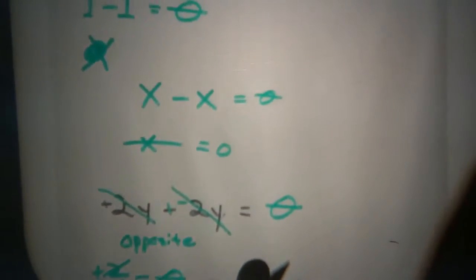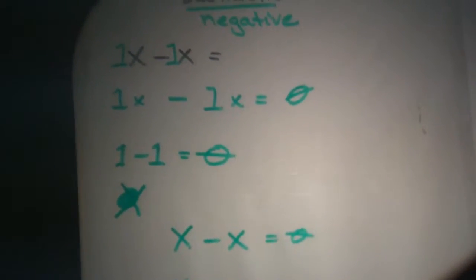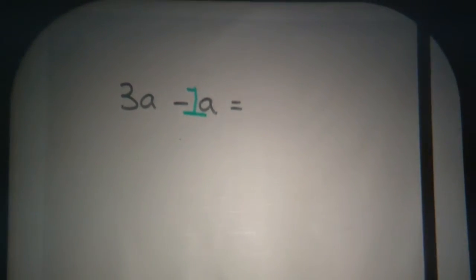Alright, let's look at something else here. If I had 3a minus a, we have to again remember, and I'm going over and over the same thing so that you remember that we have that imaginary friend of the variable, number 1.